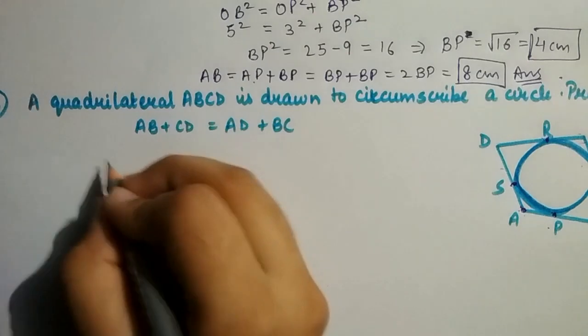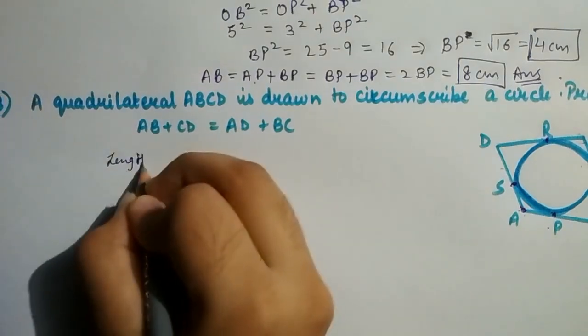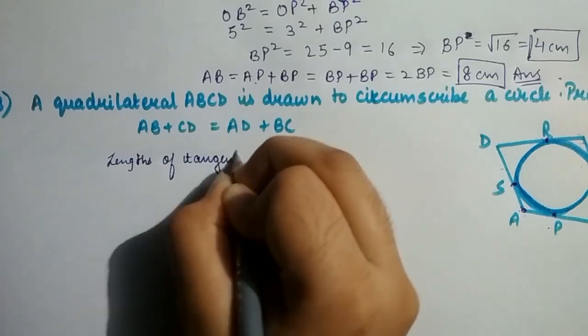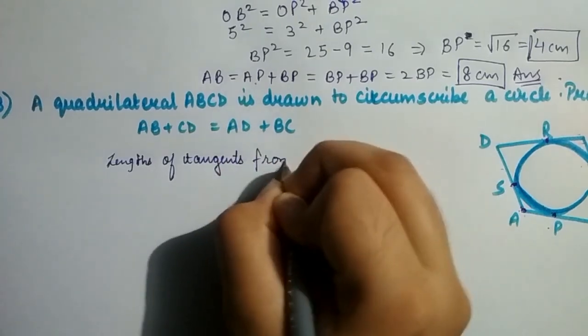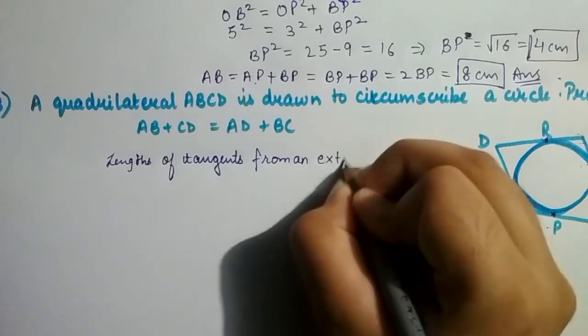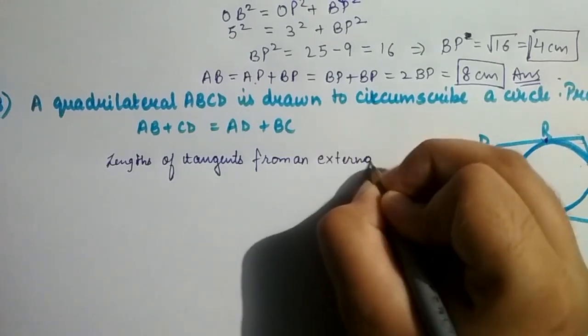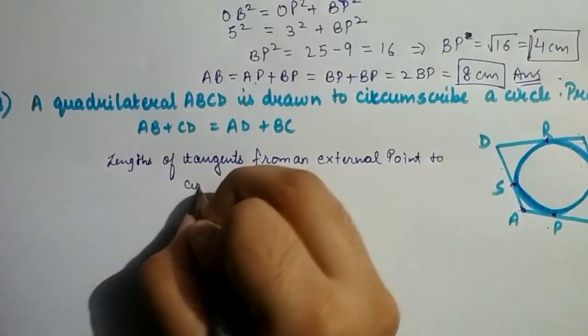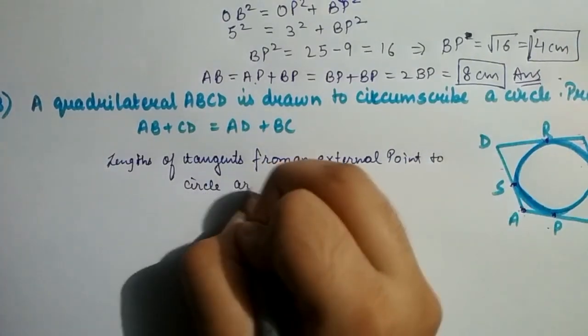Now you know the result that lengths of tangents from an external point to the circle are equal.